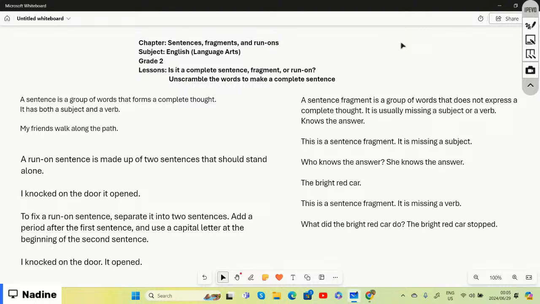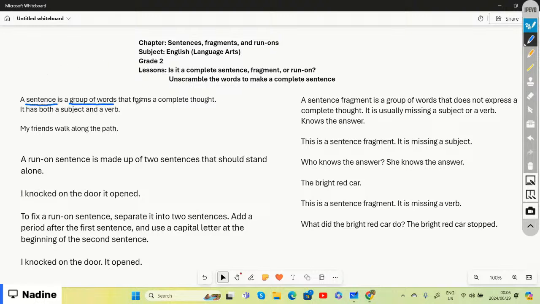All right, so once again, we're going to go over what a sentence is, what a sentence fragment is, as well as what a run-on sentence is. A sentence is a group of words that forms a complete thought.